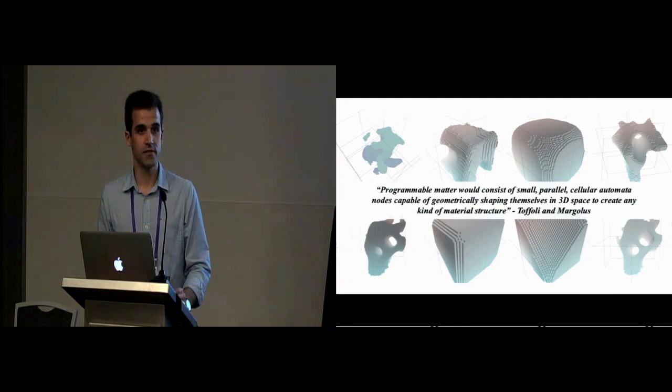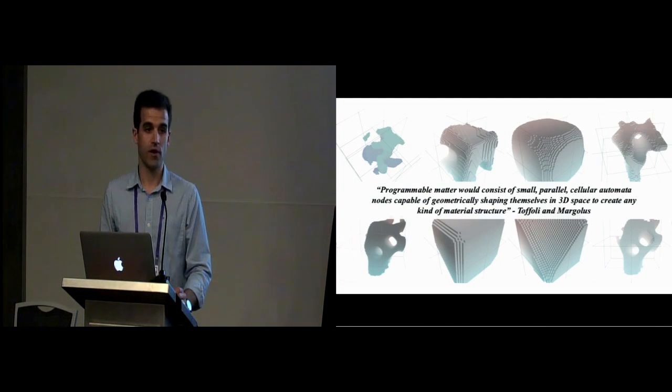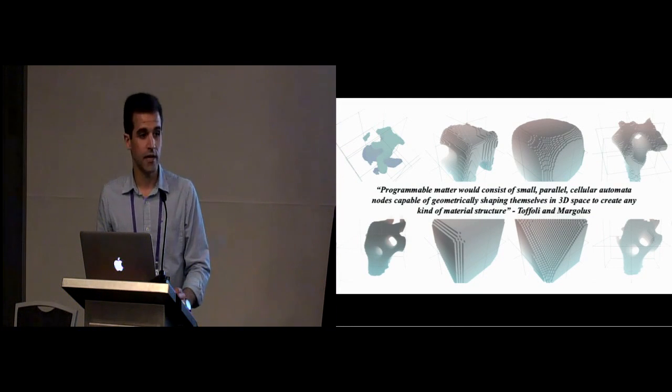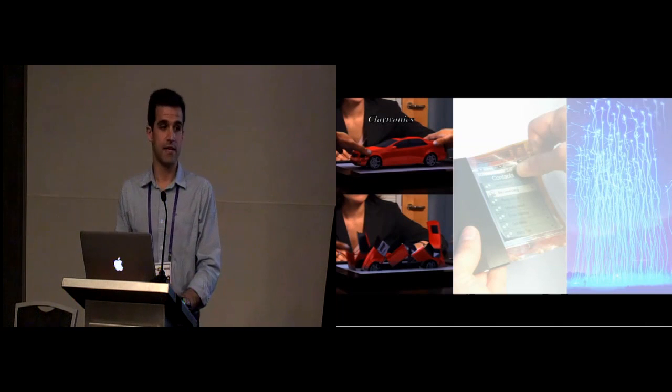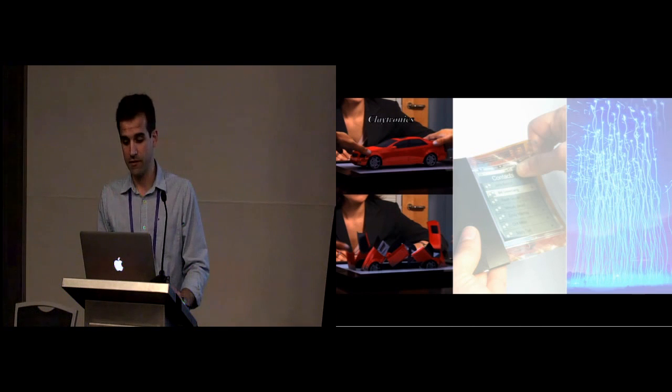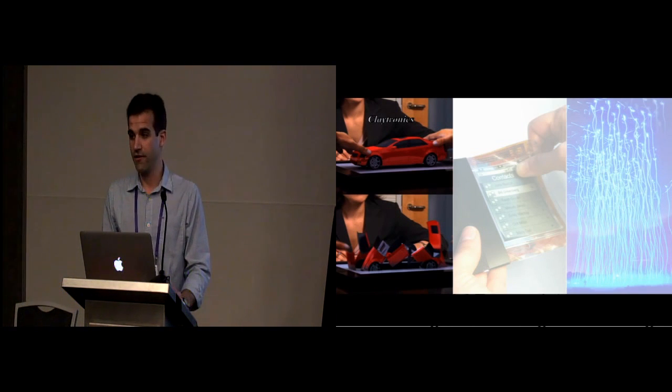In the following years, programmable matter would come to be described as a collection of small cellular automata nodes capable of geometrically shaping themselves in 3D space to create any kind of material structure. Since then, there has been research towards this goal under various monikers, such as Claytronics, a concept that envisions nanometer-scale computers called Claytronic atoms, which can interact with each other to form interactive, tangible 3D objects.